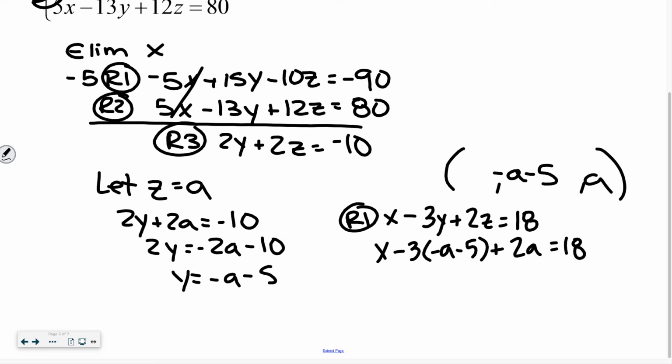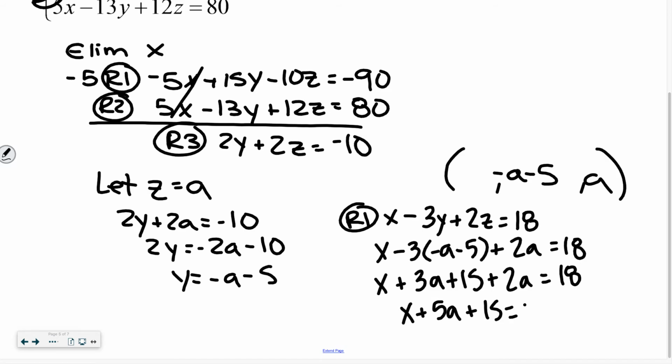So what do I get? X plus 3a plus 15 plus 2a equals 18. So that's going to be x plus 5a plus 15 equals 18. So x is negative 5a plus 3.